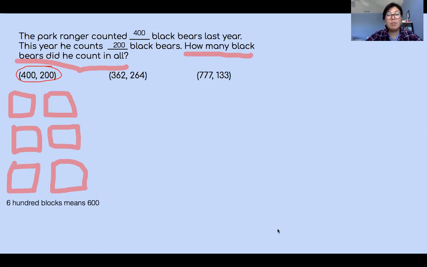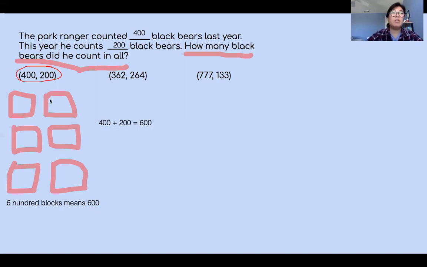So now I'm gonna come up with an equation. He counted 400 black bears, then he counted 200 more black bears this year. So then total he has 600.